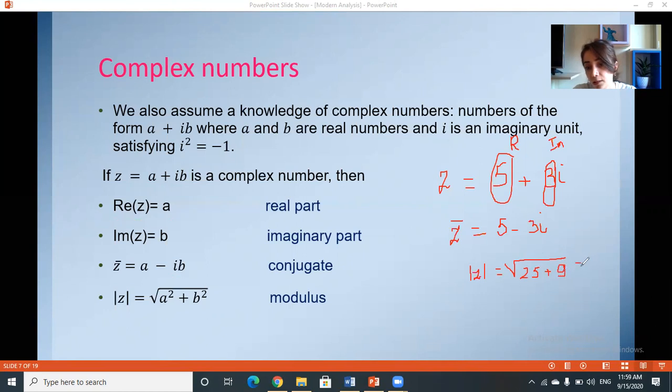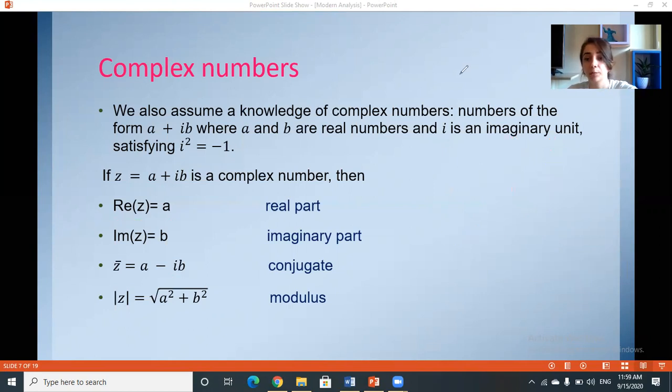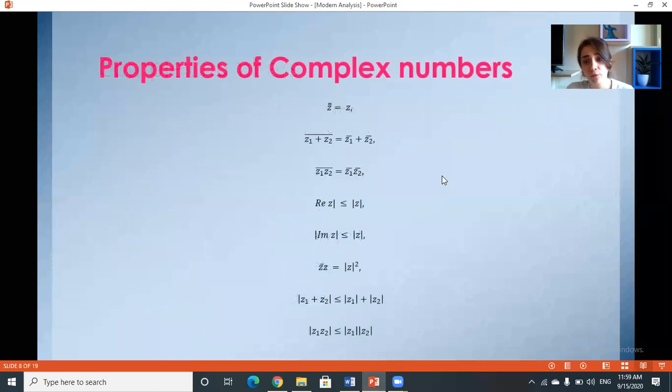Yes, and this is equal to the square root of 34. Okay, I think it's obvious. If you have any unclear part, please let me know. And let's continue. Properties of complex numbers.